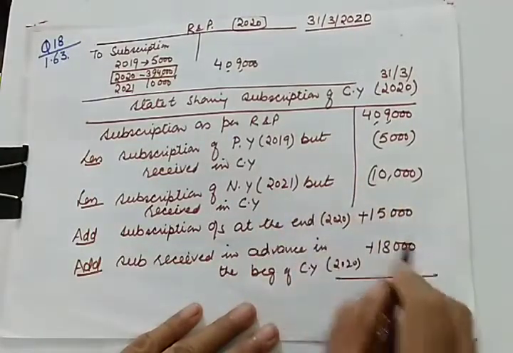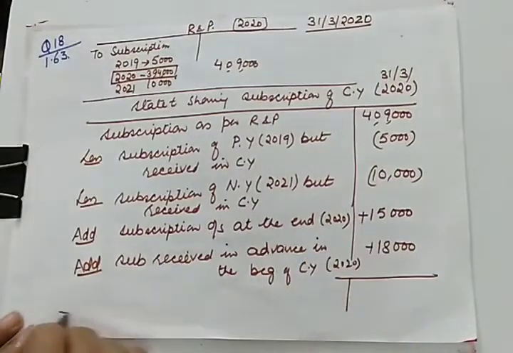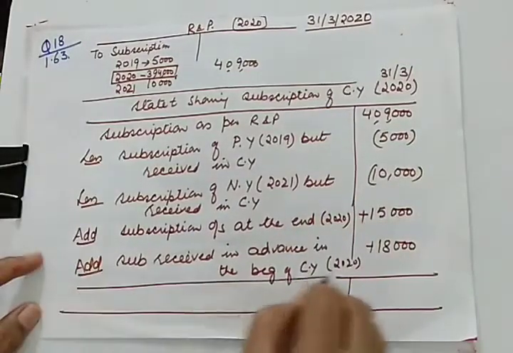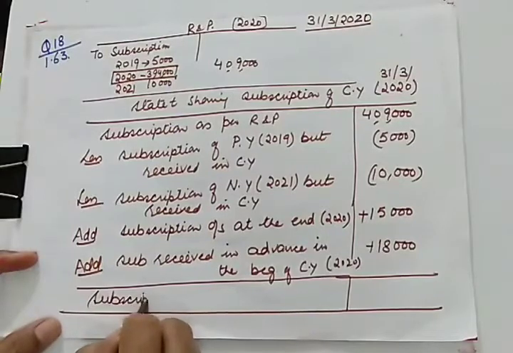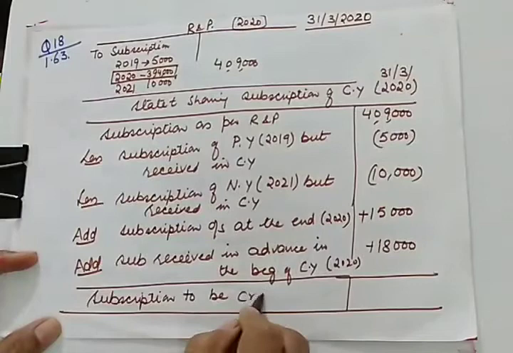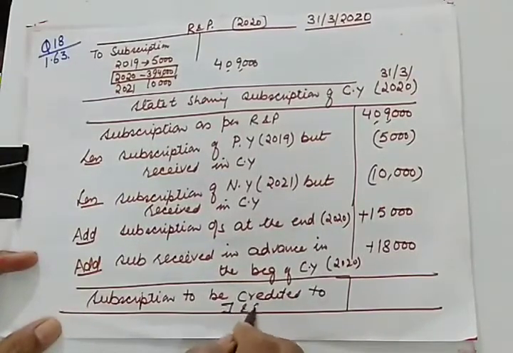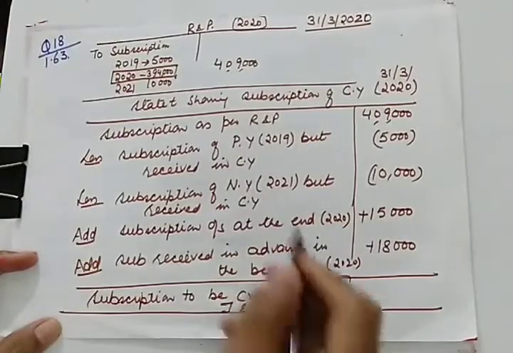So if you add all these amounts, you will be able to get the subscription to be credited to income and expenditure account of 2020.